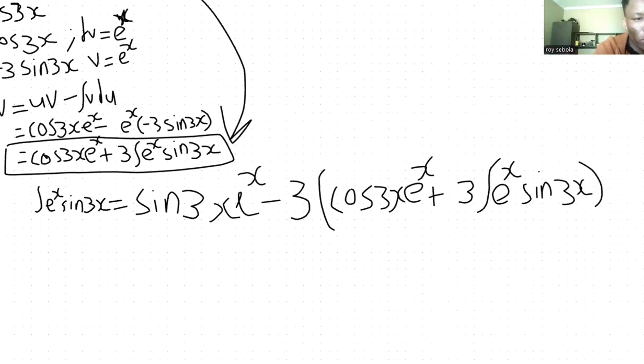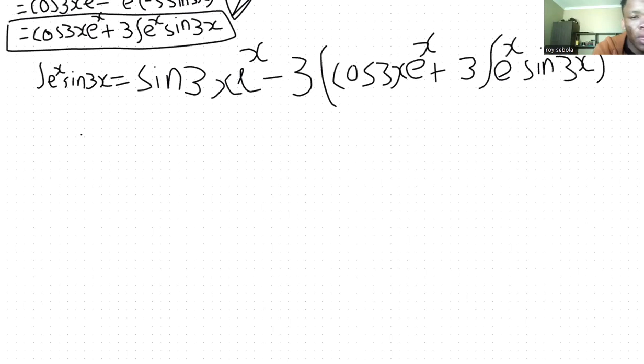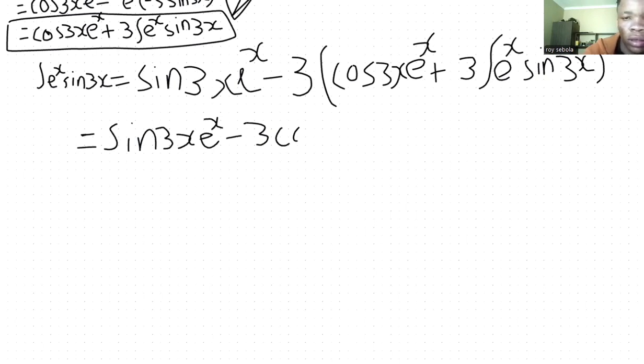We are going to have sine 3x e to the x minus 3 cos 3x e to the x minus, negative times positive is minus, 9 times the integral of e to the x sine 3x.